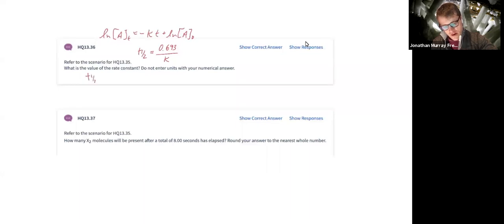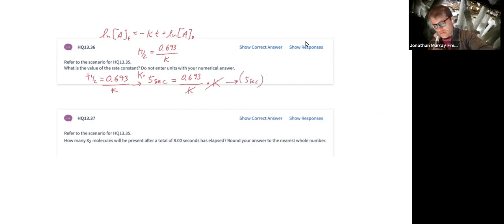Right, T1/2 equals 0.693 over K. From the previous slide, I know that my half-life is 5 seconds. So 5 seconds equals 0.693 over K. I'm going to multiply both sides by K. K cancels out, and I have 5 seconds times K equals 0.693.